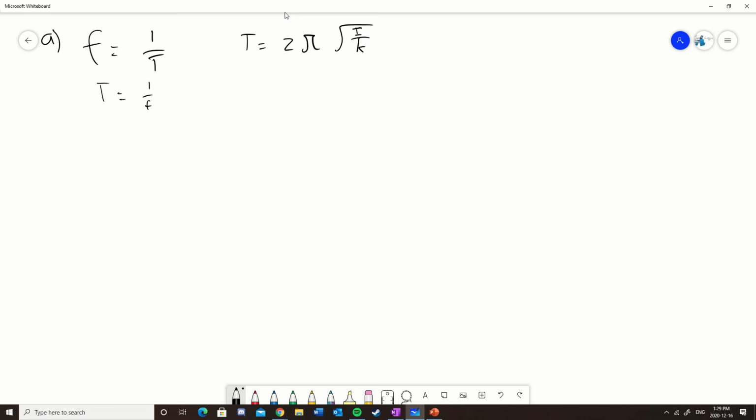So with some simple rearranging, we can do 1 over f, which in this case is our 1.59 hertz, equal to 2 pi square root I over 0.033.